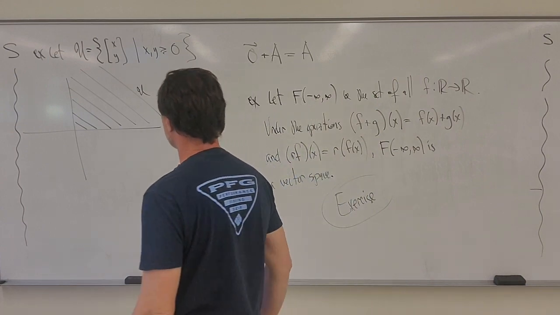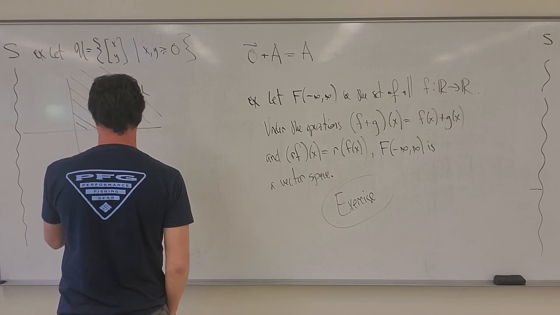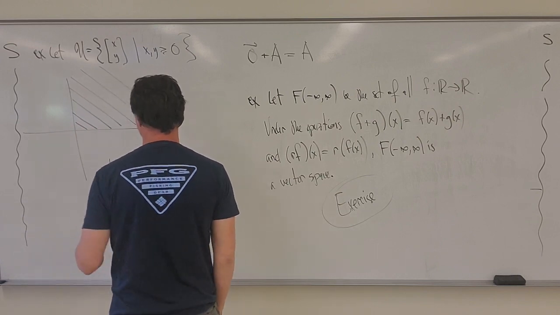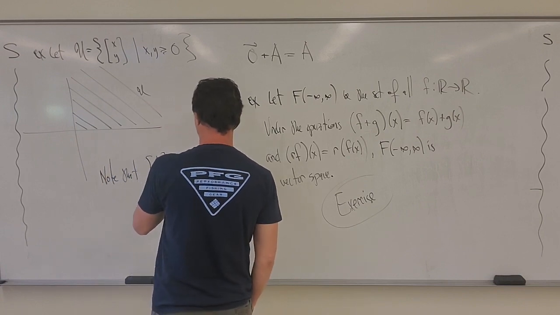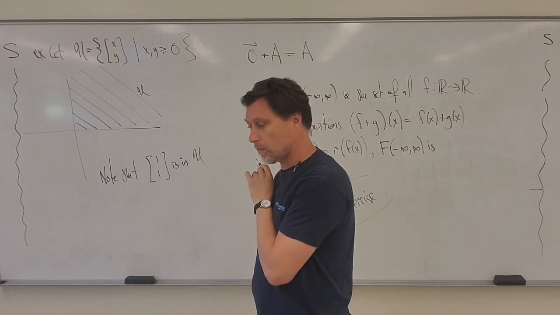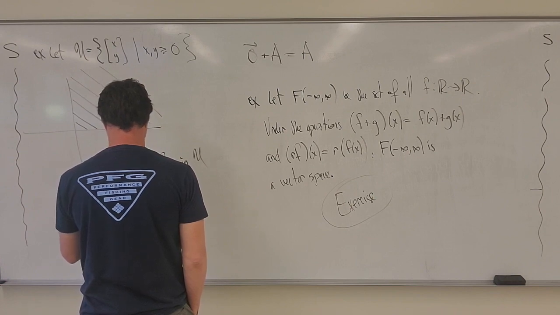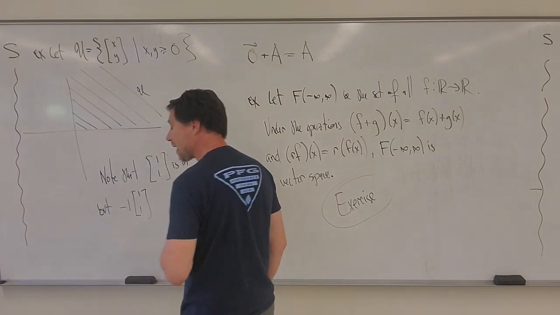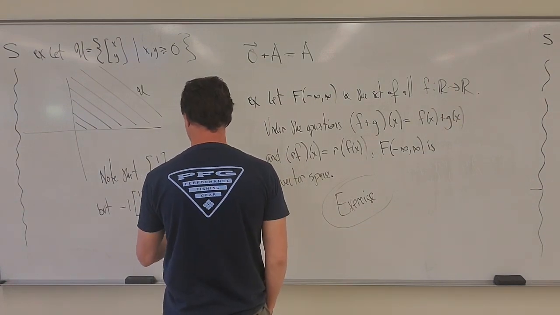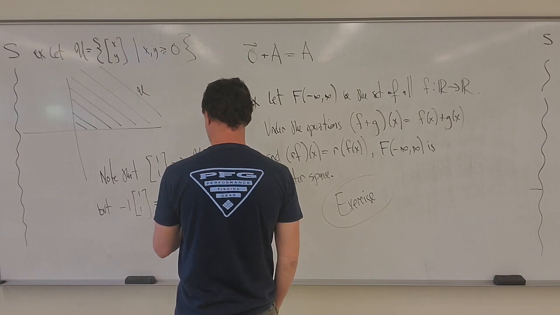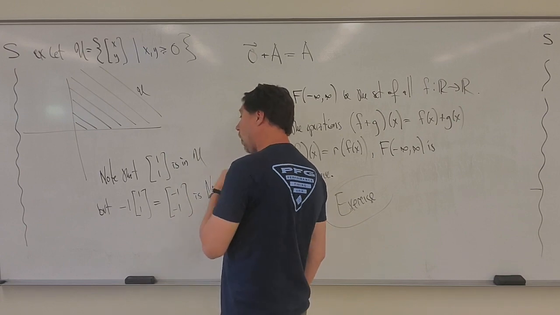So let's see. Note that, for example, the vector 1, 1 is in U, but if I do minus 1 times the vector 1, 1, that's equal to negative 1, negative 1. So this is not in script U. What does that tell us then?